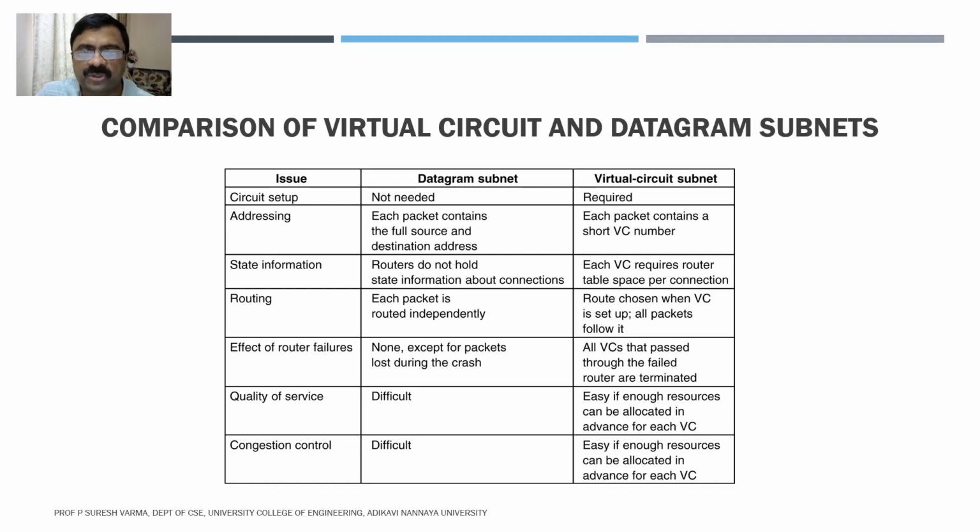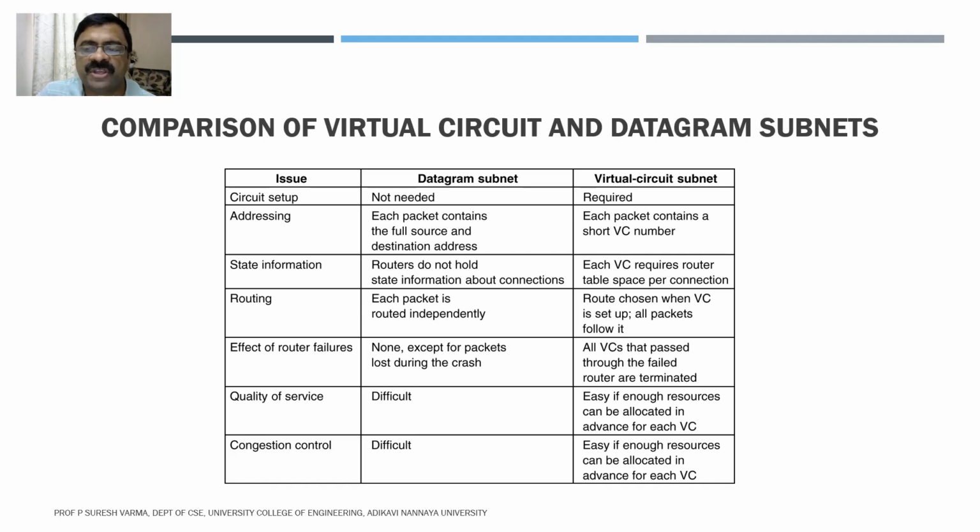First issue, circuit setup. In the datagram subnet, the connectionless one, we don't need to establish any connection, but the virtual circuit is connection oriented, so circuit setup is required. And addressing: in the connectionless service, each packet contains the full source and destination address, so each packet knows the destination address. That's why each packet follows its own path.